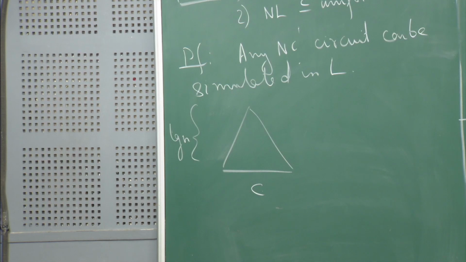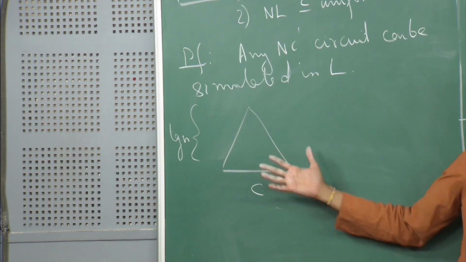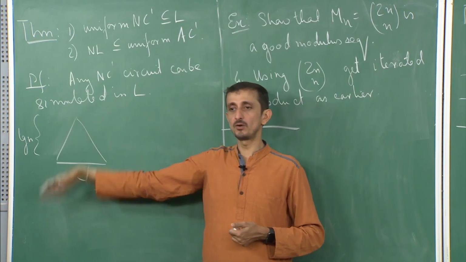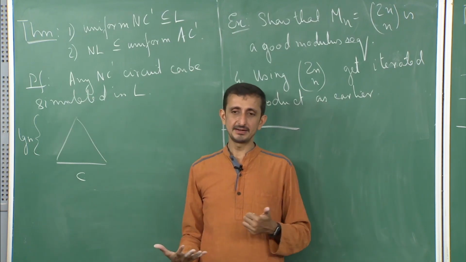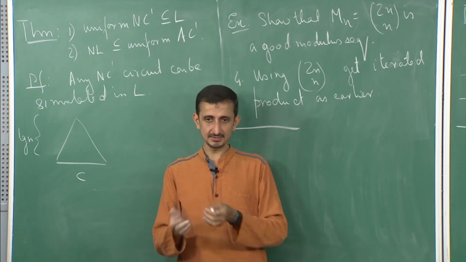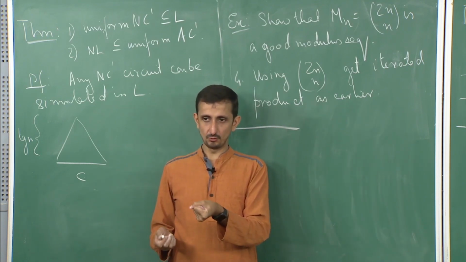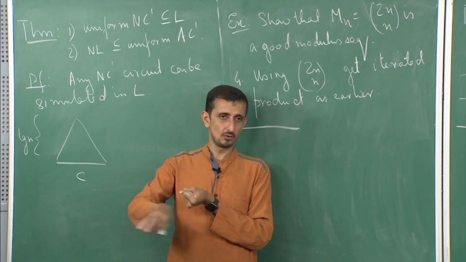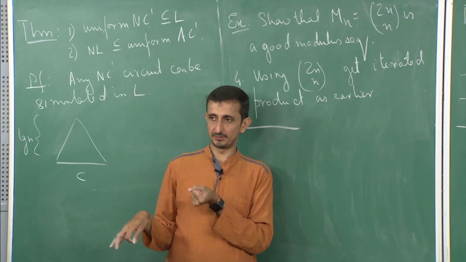Essentially, what we do is a DFS of this circuit. We start at the output gate, and then we do a DFS. At every step of the DFS, whenever I come to a node, first I will explore its left subtree. I will try to compute whatever is the output of the left subtree.